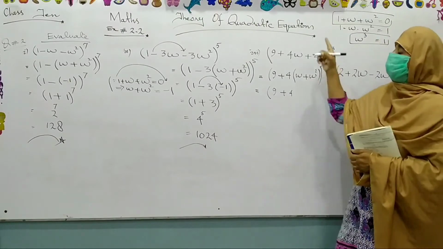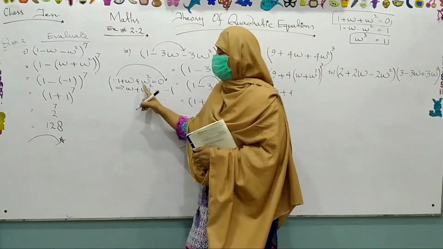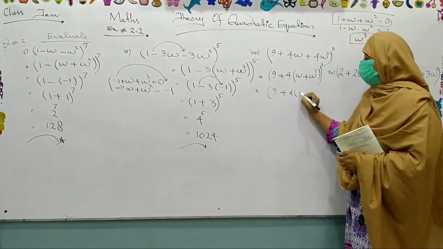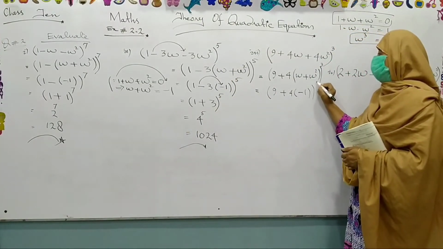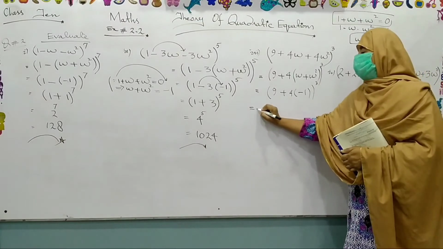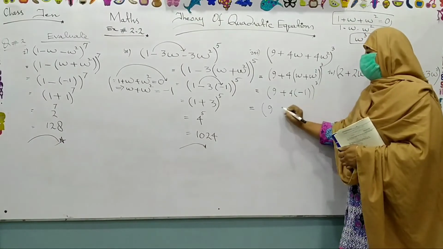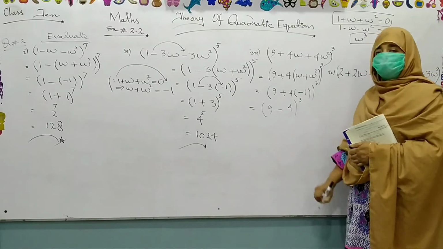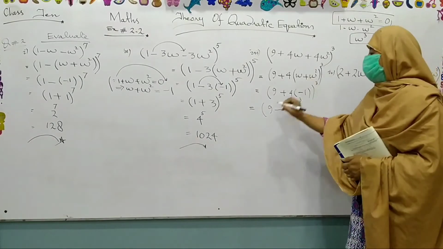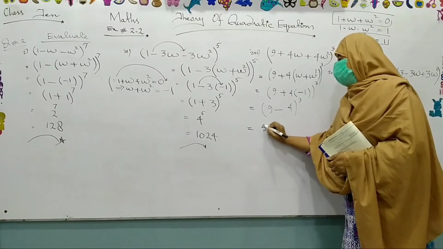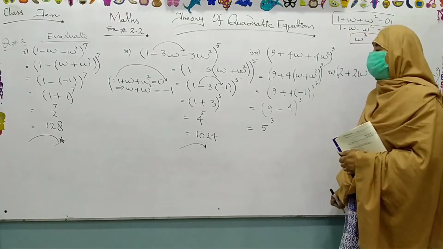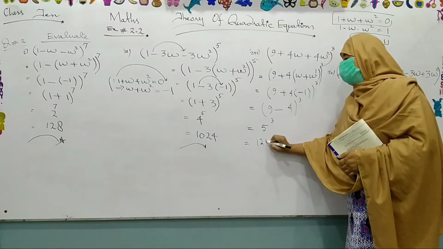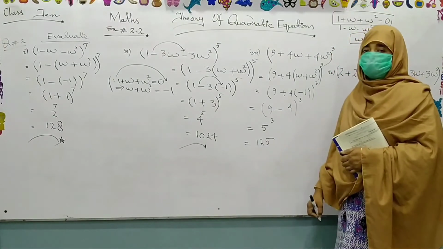And same logic, this one, omega plus omega square equal to minus 1, I will use here. I will write minus 1 and whole raised to power 3. This will become 9 plus minus 4 times 1, the 4, whole cube. What is 9 minus 4? It is 5. 5 cube. And you know, what is 5 cube? It is 125.